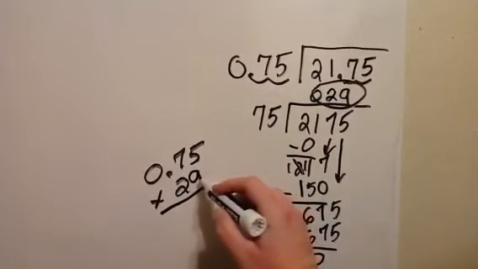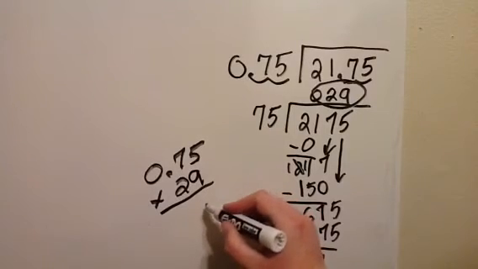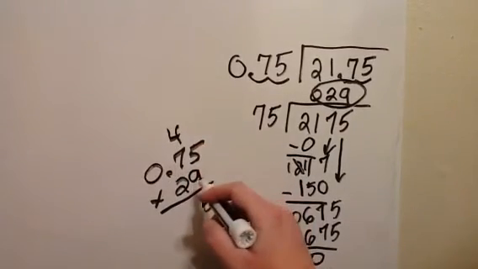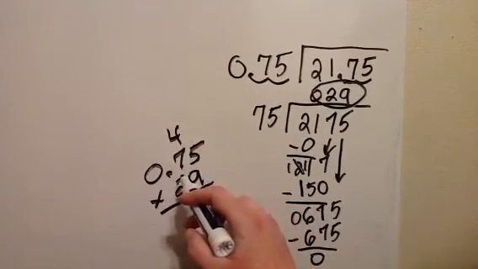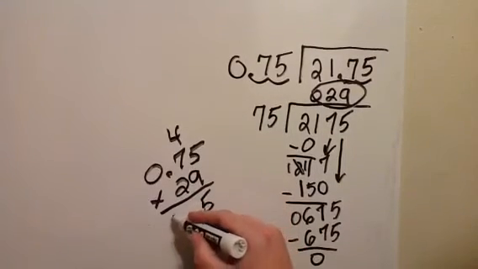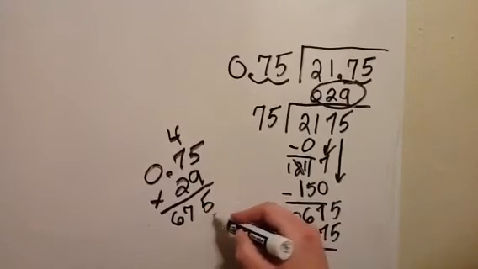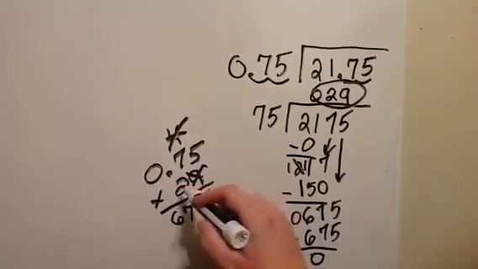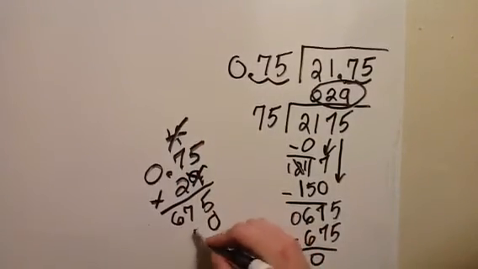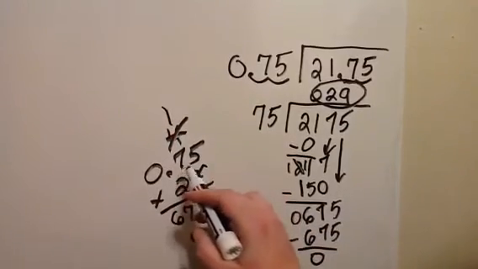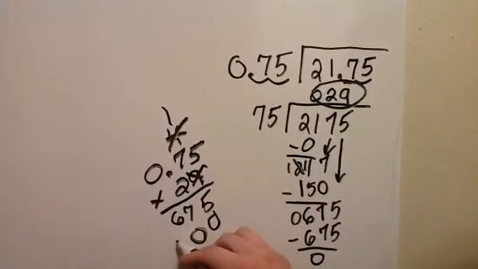So we said 9 times 5 is going to give us 45, and we said 9 times 7 is going to give us 63, and it's going to give us 67 when we add 4. So we're going to put a 0 here because we're done with the 1s. And then 2 times 5 is going to give us 10. 2 times 7 is 14, plus 1 is 15.